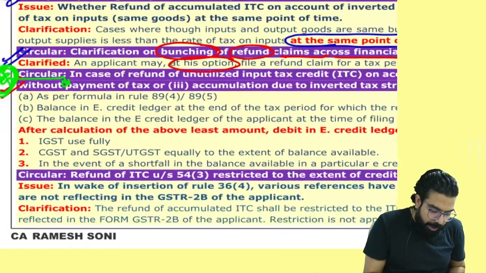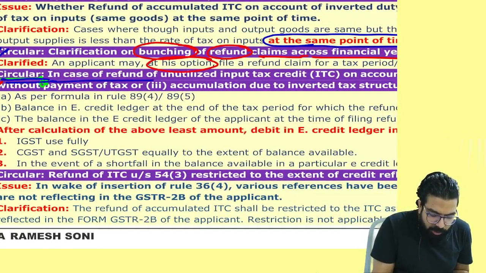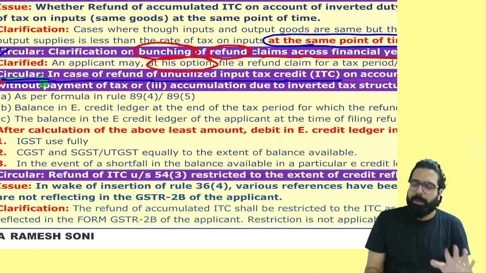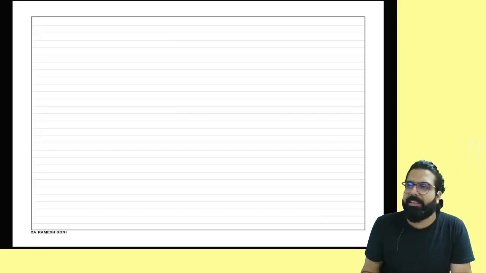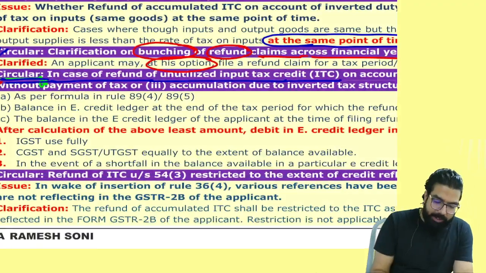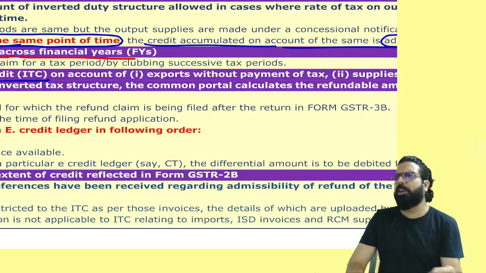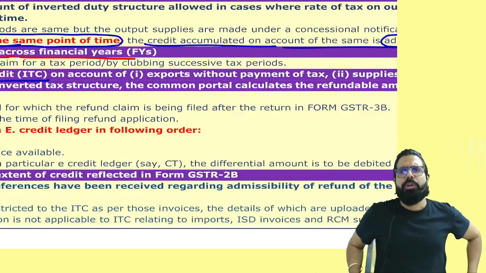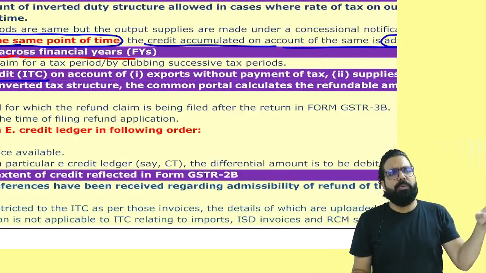Now, this circular says, in case of refund of unutilized ITC, whenever you are claiming ITC refund, in what scenario is ITC refund given? Zero rated supply, inverted duty structure.